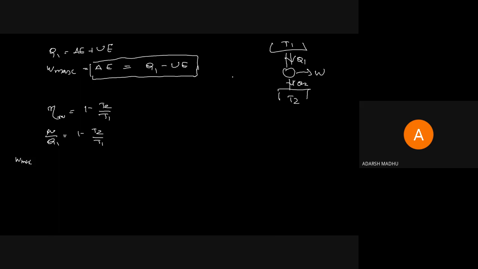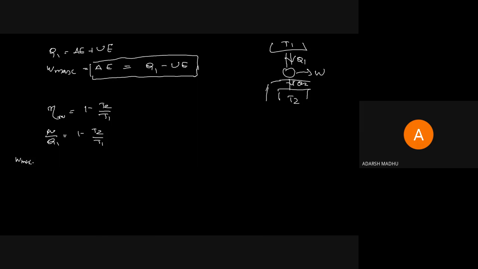So to obtain the maximum amount of energy, Q2 must be very small. That means the maximum amount of heat must be transferred as work, so the heat released into the sink will be very less. That T2 value will be very low.